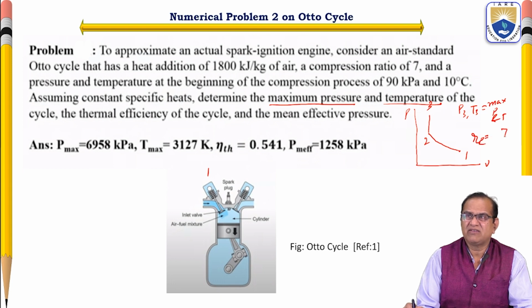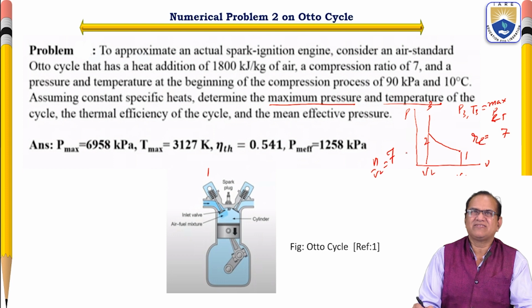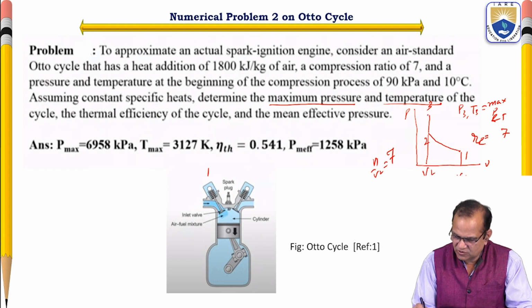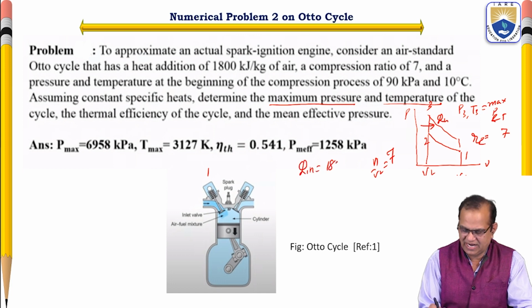RC is given as 7, that is V1 by V2 is given as 7, and heat added. This heat Q in is given as 1800 kilojoule per kg.